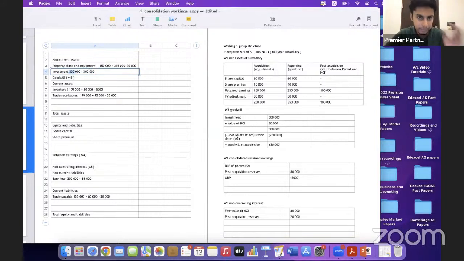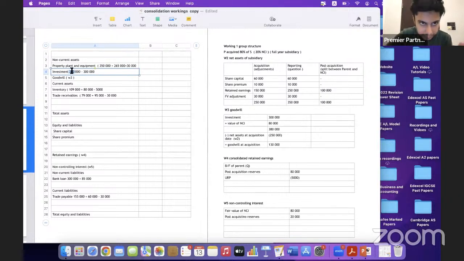Not like that. Guys, now in our SOFP, how much was the investment? 300,000. If it was 500,000, I'll write here 500,000. You should always remove the investment amount, what you paid to buy the subsidiary. In my case, my investment and what I paid to buy the subsidiary is the same.